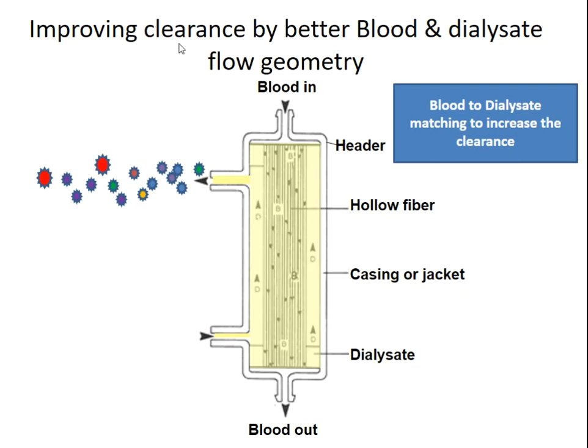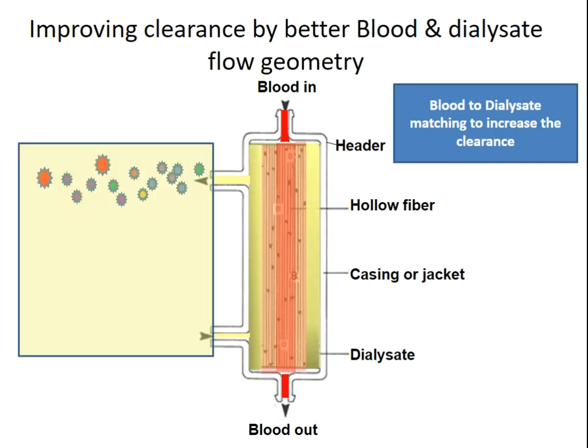An important way to improve the clearance is by better blood and dialysate flow geometry. The blood to dialysate matching is important to increase the clearance. Blood flow and dialysate flow matching improve the overall clearance value.